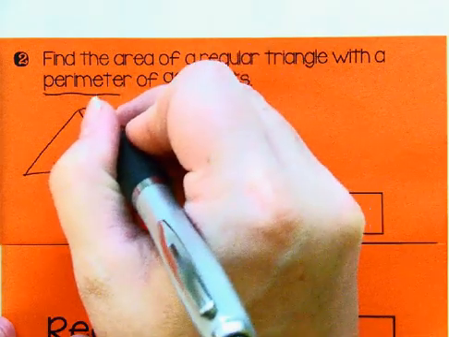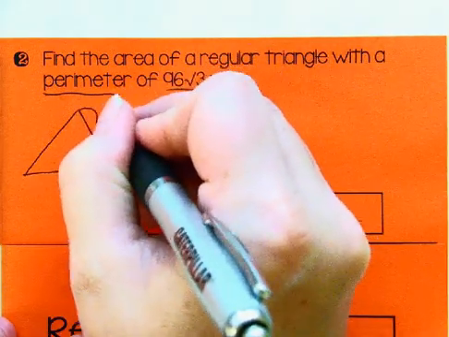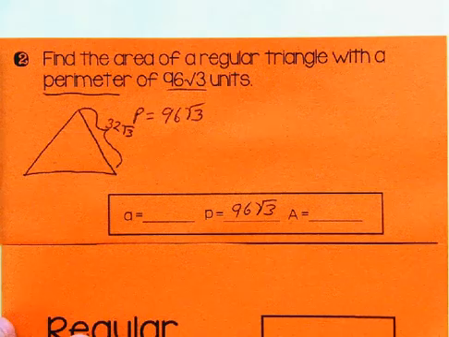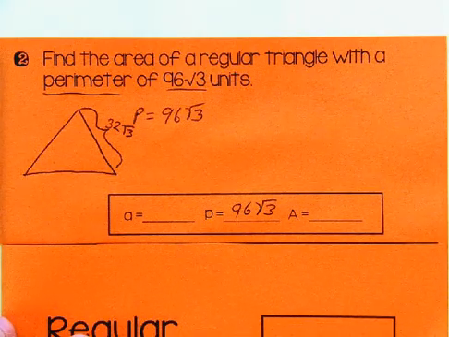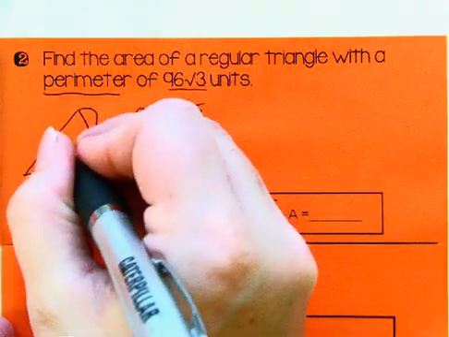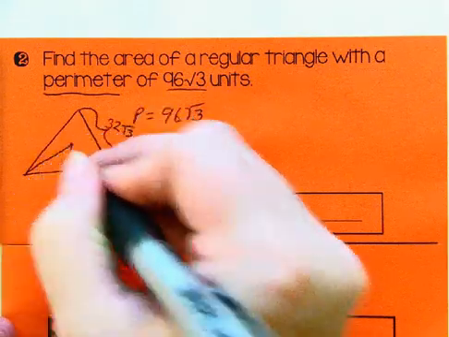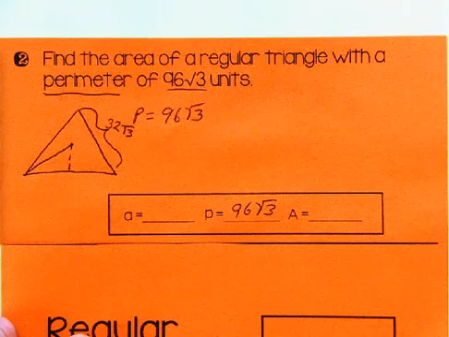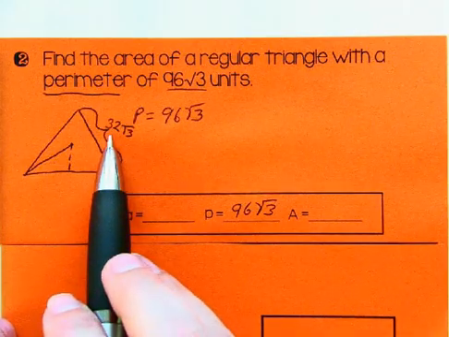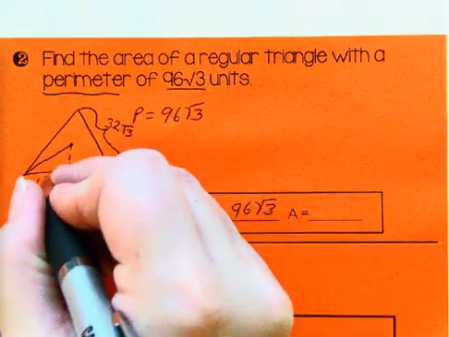That gives me 32 square root of 3. Now if you remember back to the other one, we need half of that because we're going to work with this little triangle here. So half of this would be 16 square root of 3.